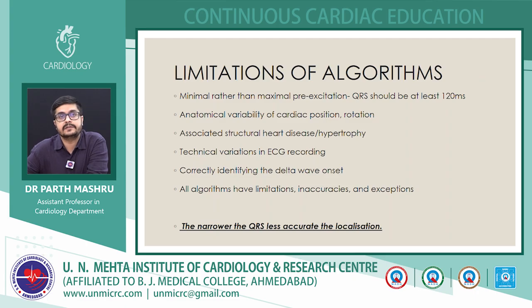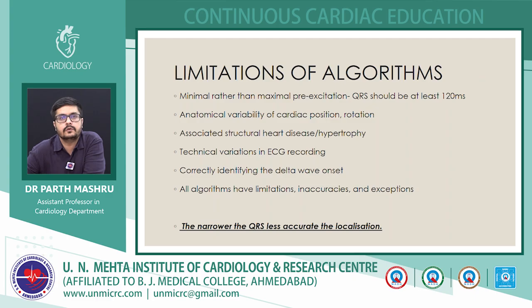If there are technical variations in ECG recording, or the leads are not placed properly, the algorithm won't correctly identify the delta wave. Also, correctly identifying the delta wave onset can be difficult, as sometimes the delta wave is very small or subtle, so we are not able to exactly judge where it starts and what the initial direction of the deflection is.